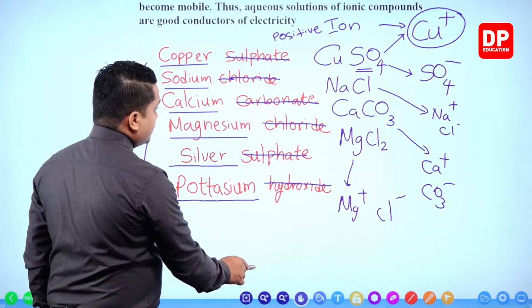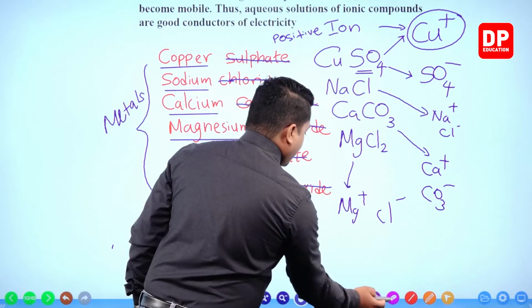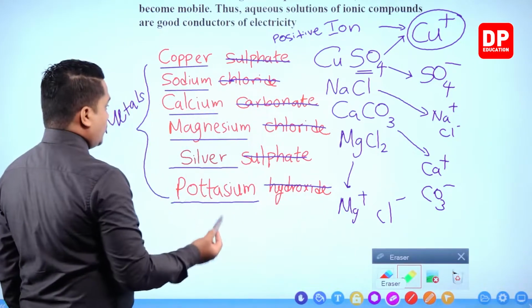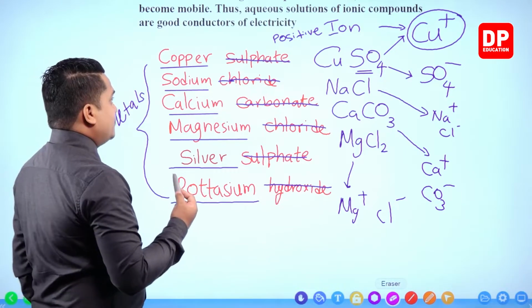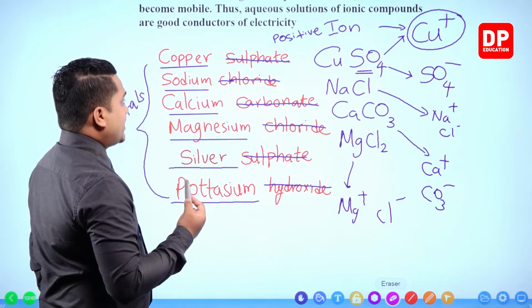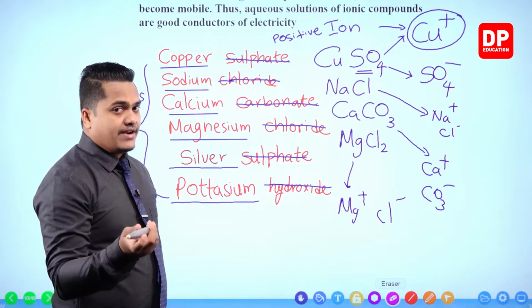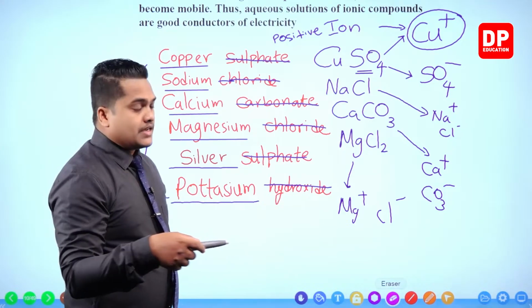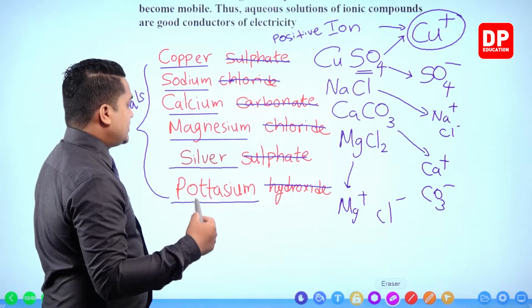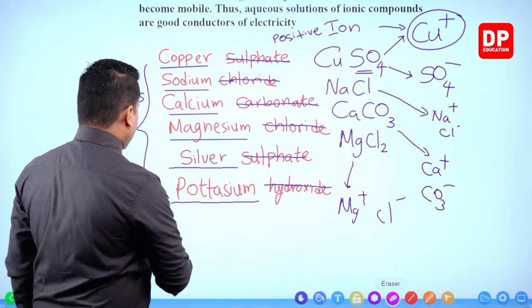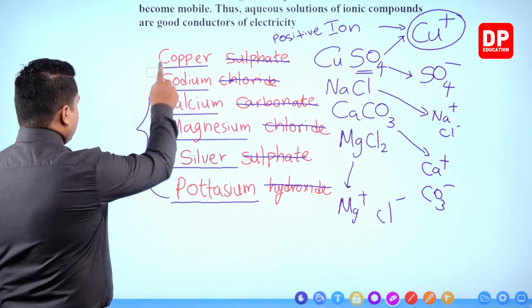Let me erase this, my dear children. So I hope that you got an idea about the ionic compounds. Ionic compounds are substances that carry a metal, like copper sulfate, sodium chloride, calcium carbonate, magnesium chloride, silver sulfate, potassium hydroxide.